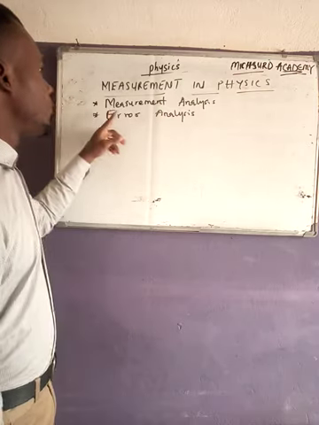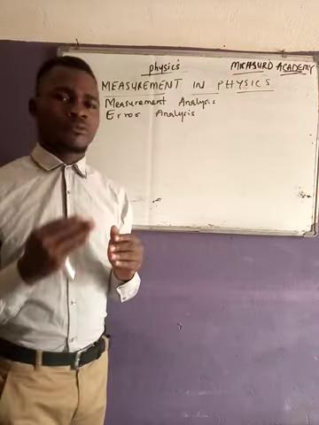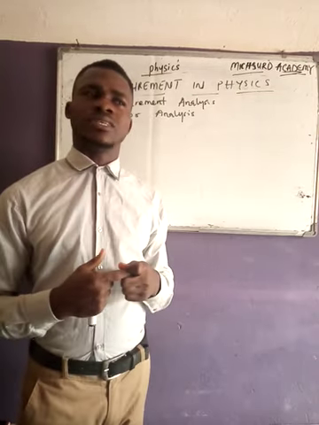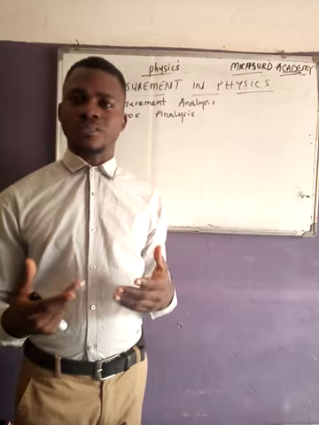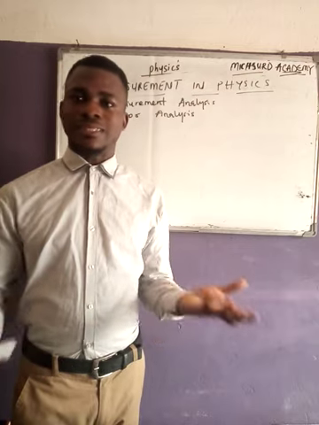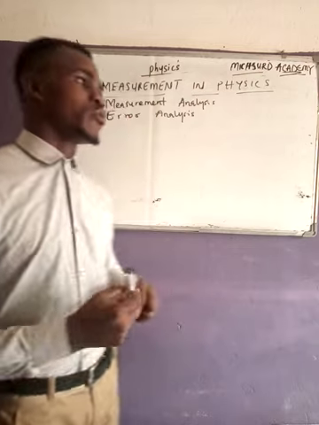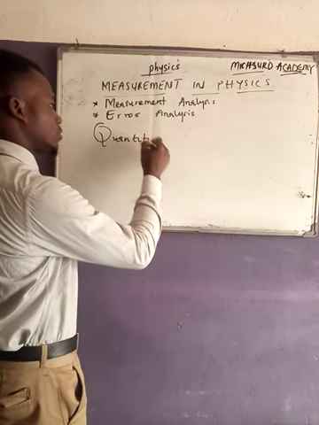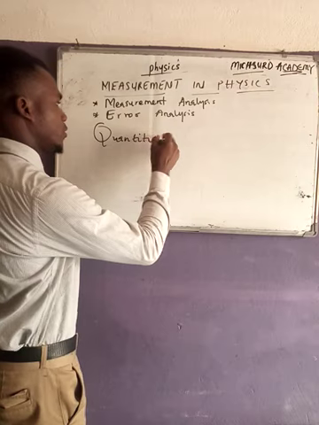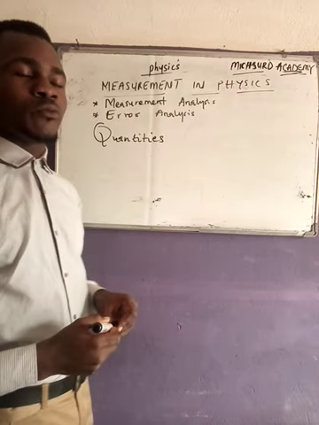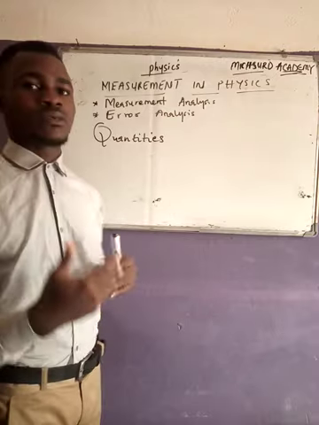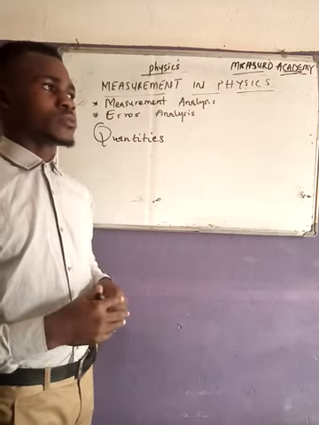Now, when you talk about measurements, what are the things we measure? Those things we measure are called quantities. So when we take measurements, we take measurements of different quantities.